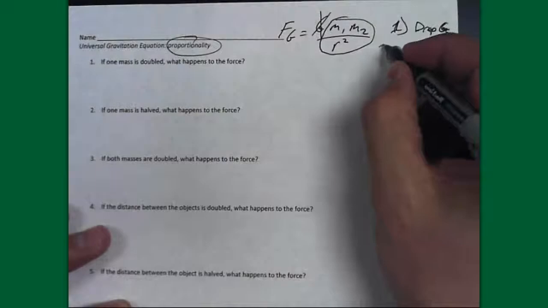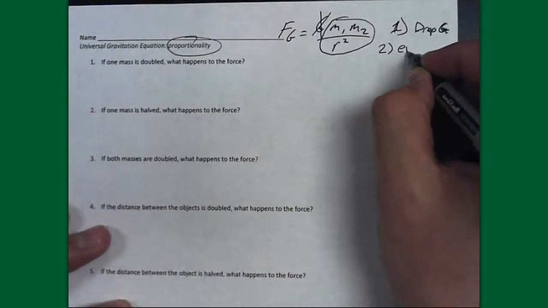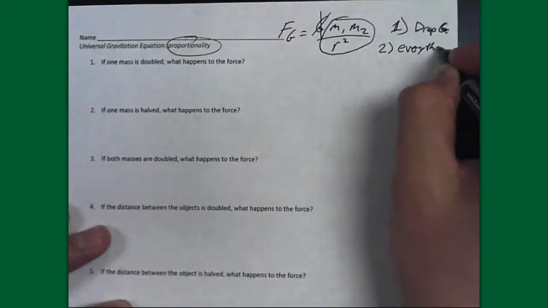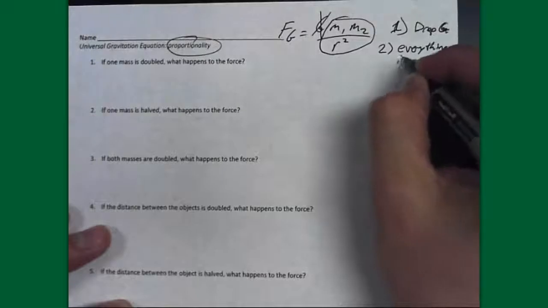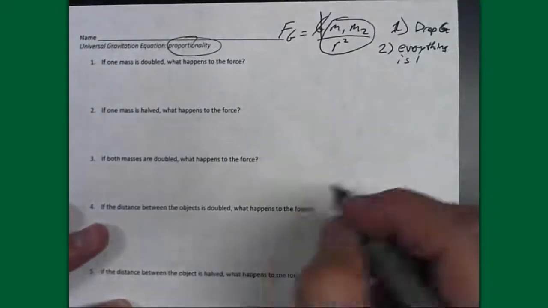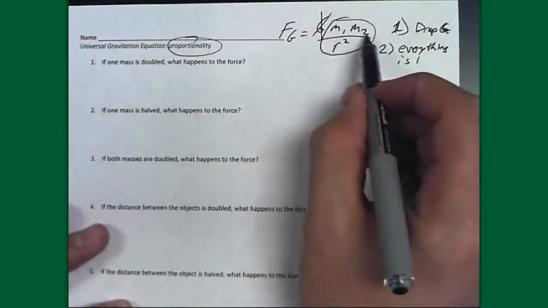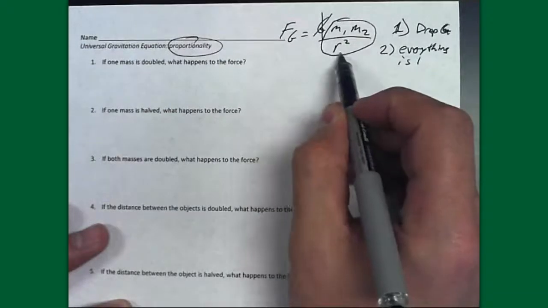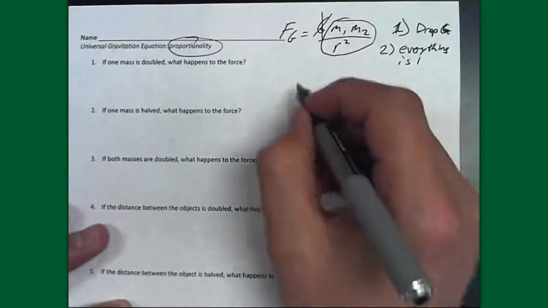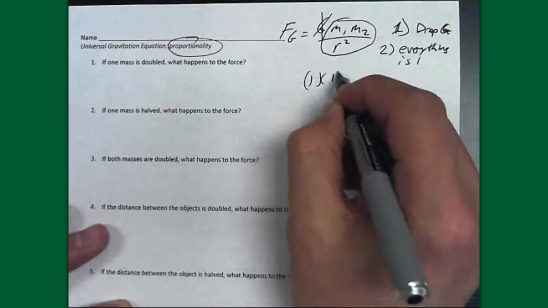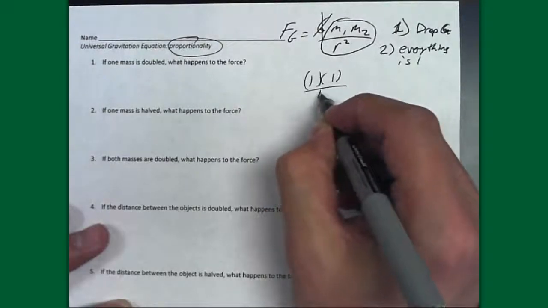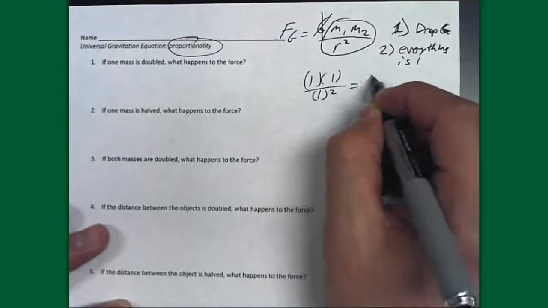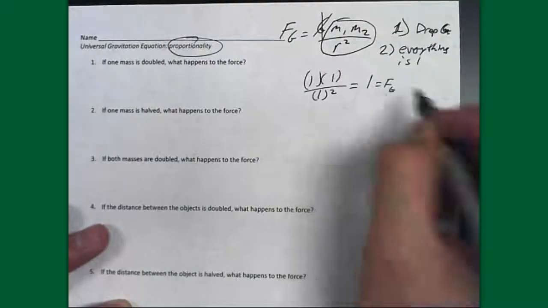So we can drop the G, and then second of all, consider that, to start with, everything is 1, right? And here's what I mean by that. If I make both masses 1 and the distance 1, what is my force? Well, 1 times 1 divided by 1 squared gives me a force of gravity of 1.